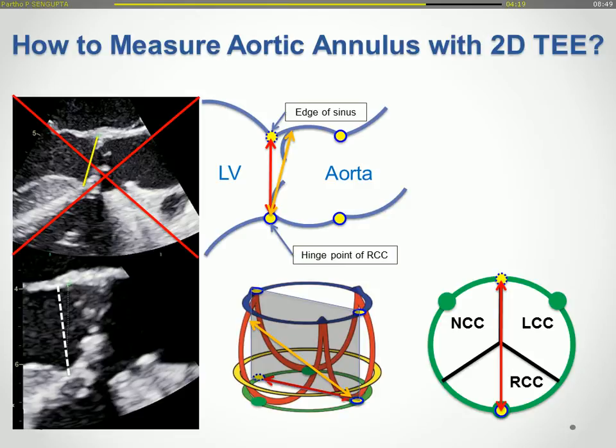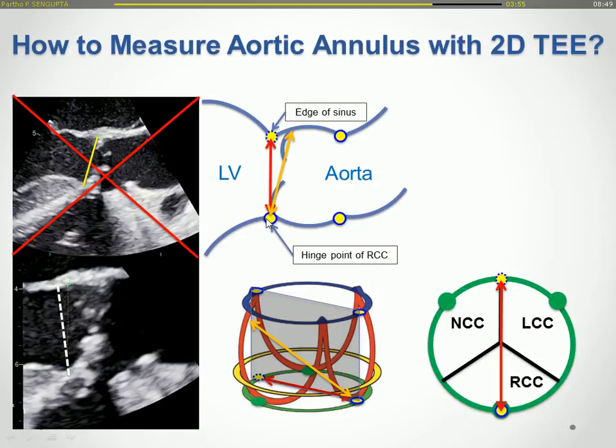TEE provides a dynamic environment and a dynamic annulus geometry. So this is useful for providing a complementary set of information. The biggest mistake that we see in TEE is when you measure the cross-sectional view. Remember that the cross-sectional view only provides one side going through the annulus hinge point and the other side going through the commissure.